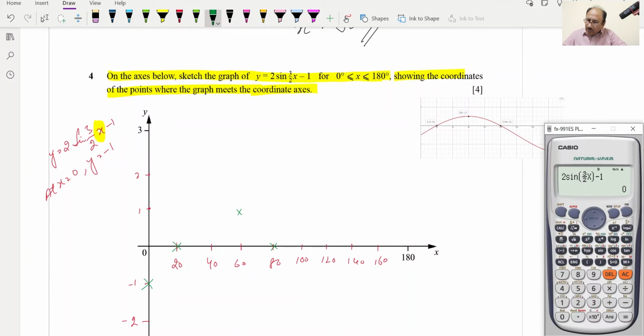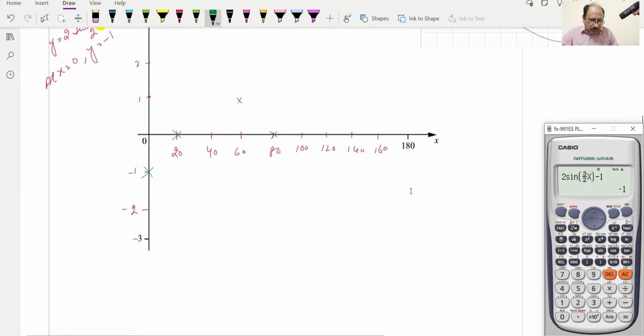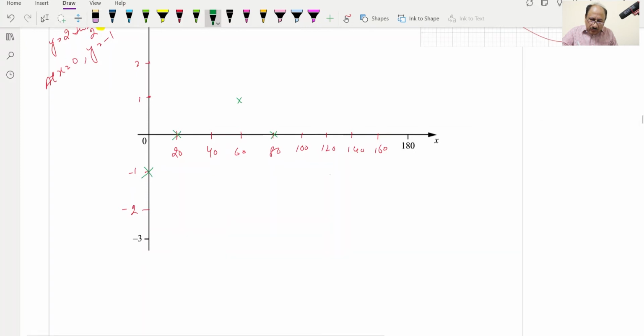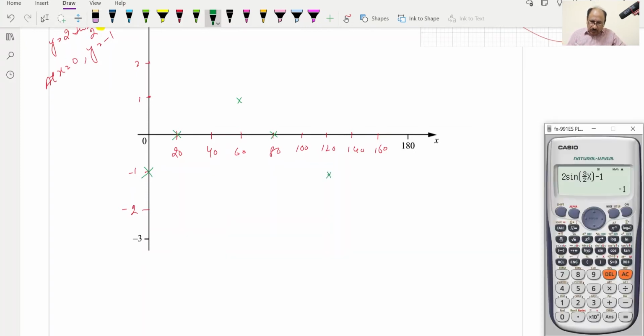Then after 100 we can check for 120. Calculate for 120 is equal to -1. So 120 is -1, we can take -1 over here, so this will be 120. Now we can take 140, calculate for 140 is equal to -2.